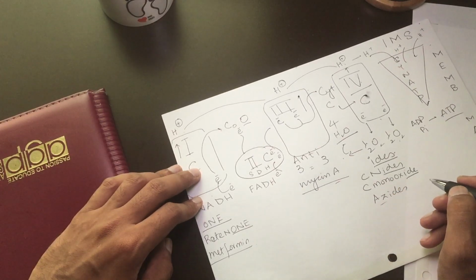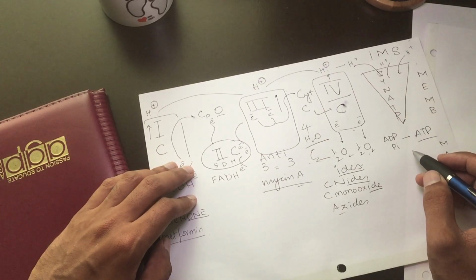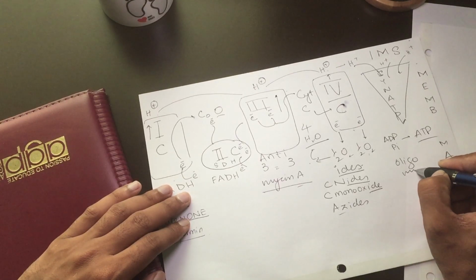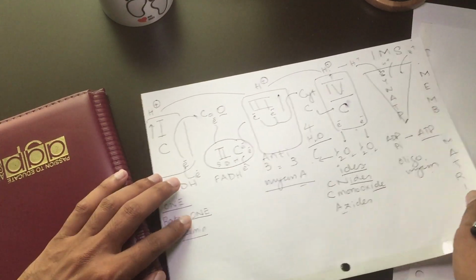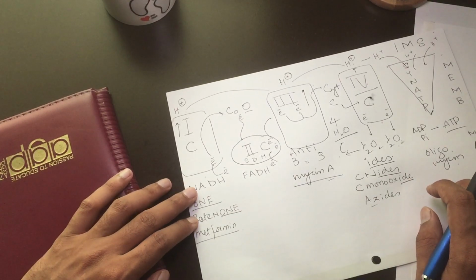So these 3 inhibit complex 4, and the inhibitor for complex 5 or ATP synthase is oligomycin. These are the electron transport inhibitors.